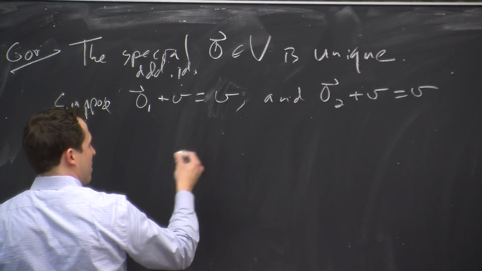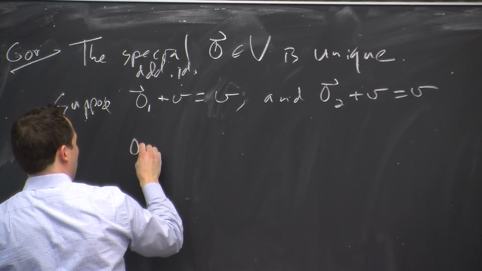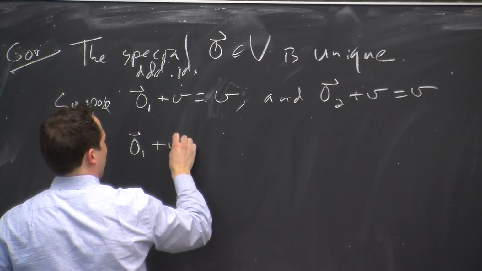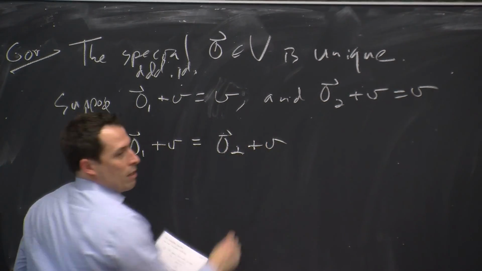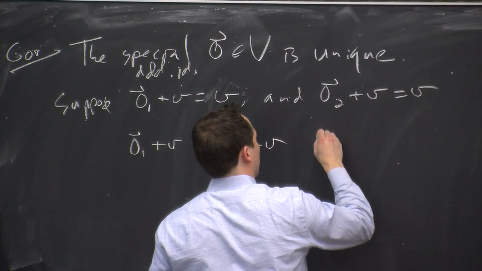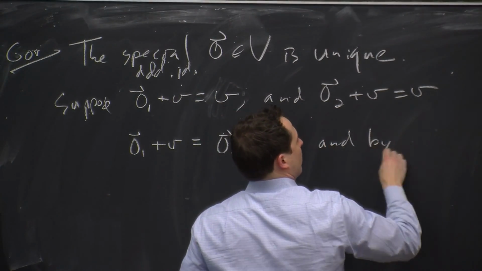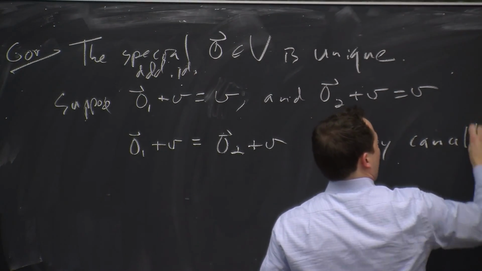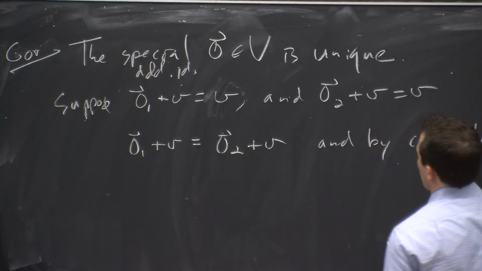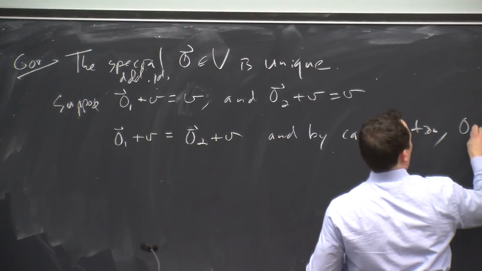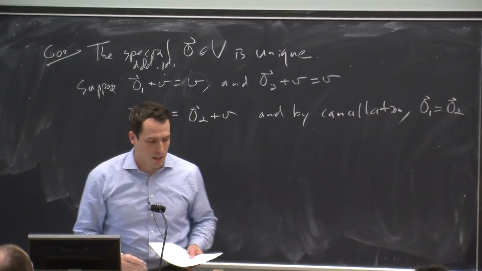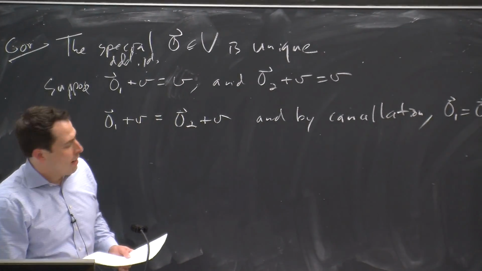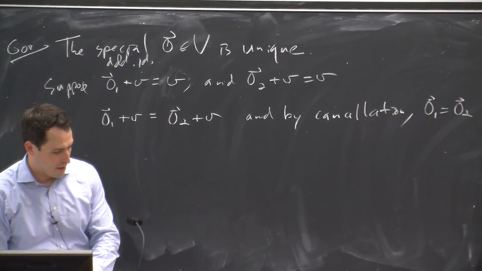Well, then, by transitivity of equality, which we can rely on, or we can write down if we want to be really careful, and then by our cancellation proposition, 0_1 equals 0_2. So there was some discussion online about that, why that type of thing would be true, and there's an answer.